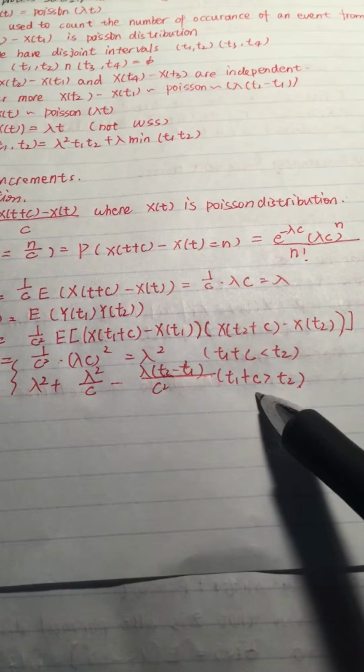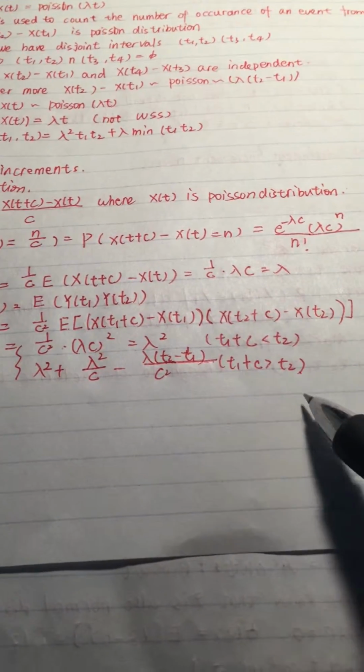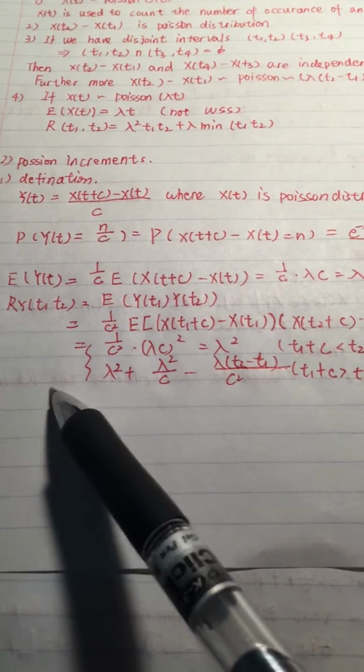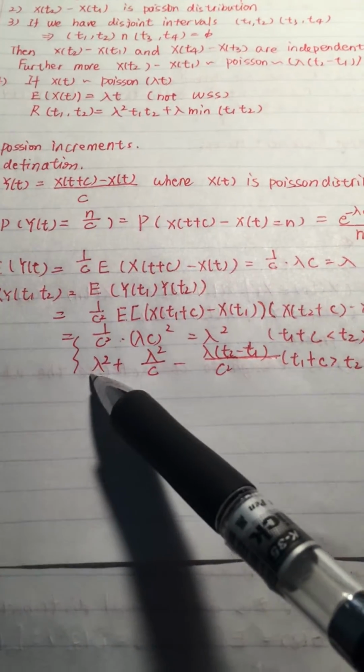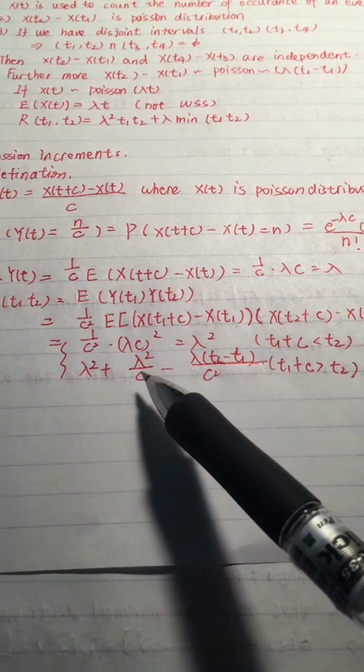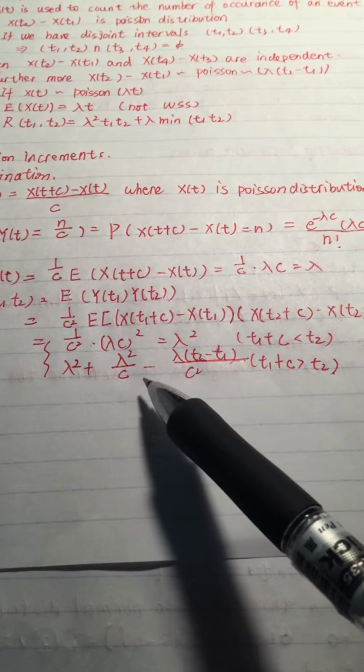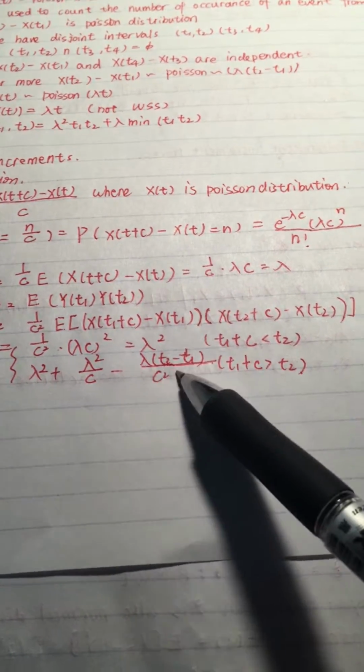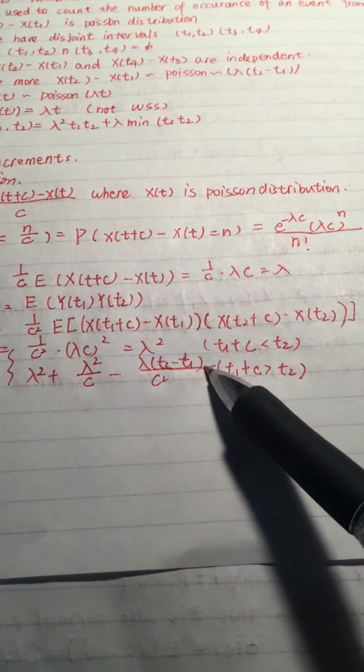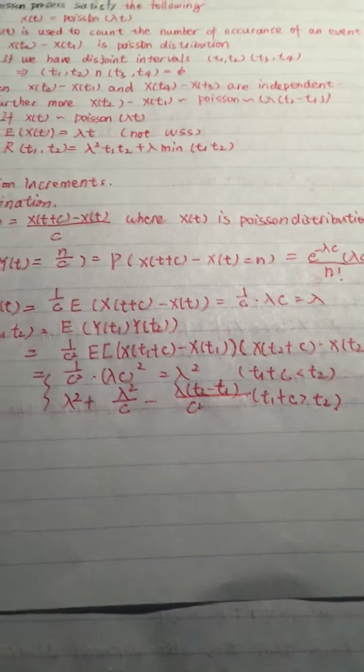If t1 plus c is larger than t2, then R_Y(t1, t2) is equal to λ² plus λ²/c minus λ(t2 minus t1)/c².